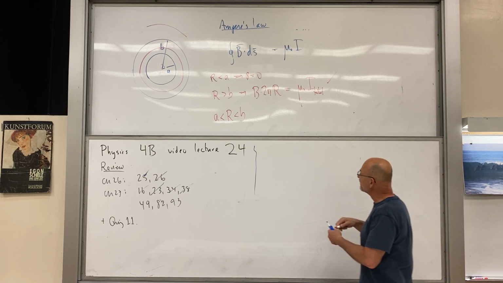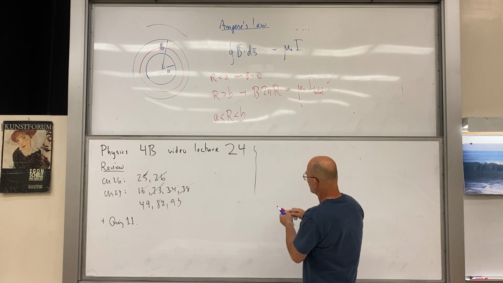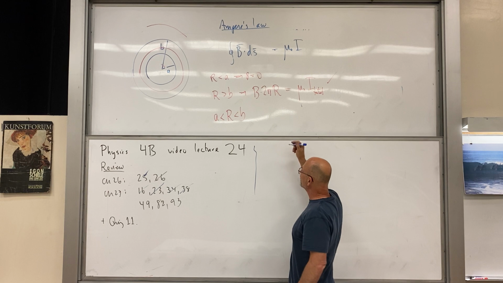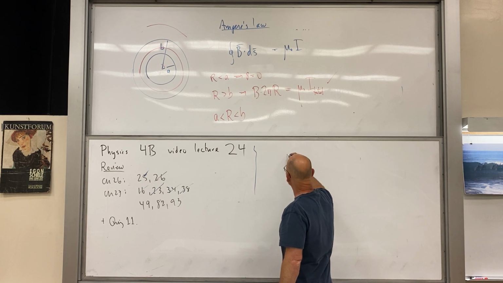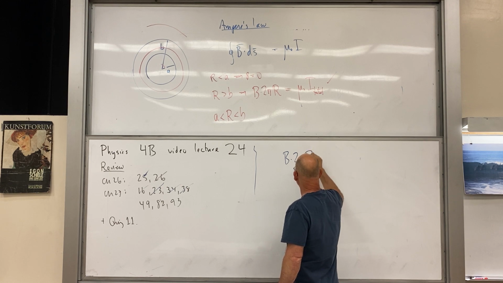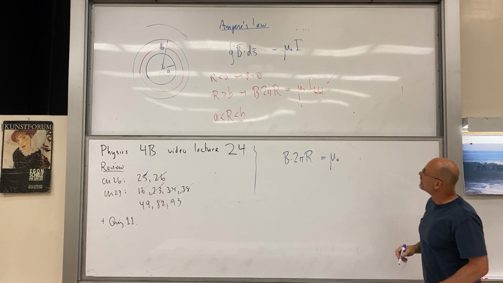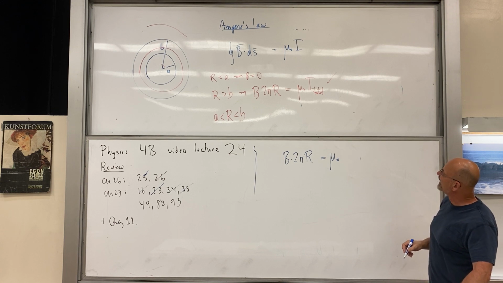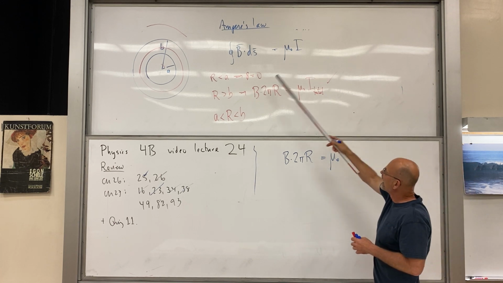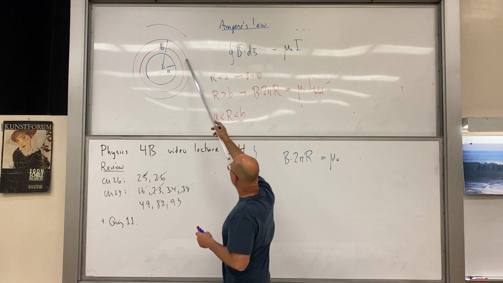So yeah, for A less than R less than B, we still have B times 2 pi radius. We've got mu naught. But now what do we have for the I enclosed? Right, it's the I enclosed within that.